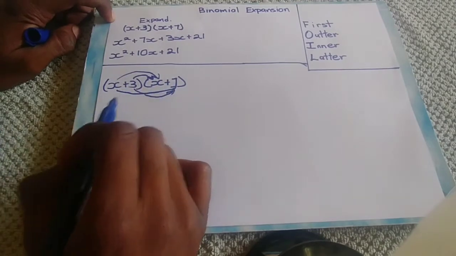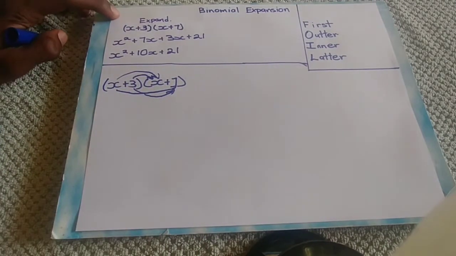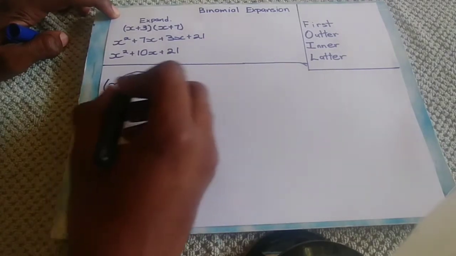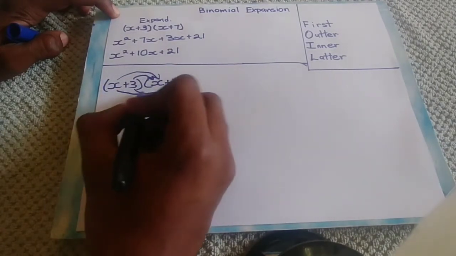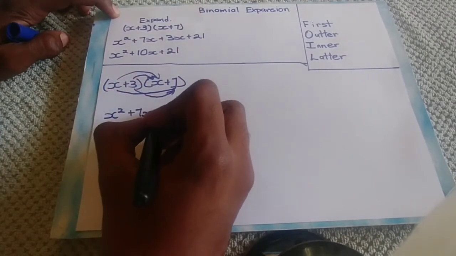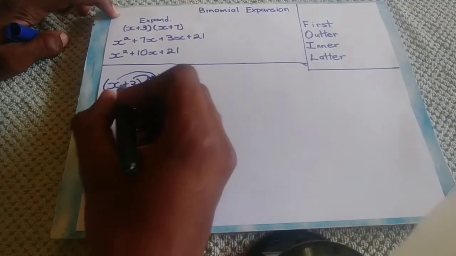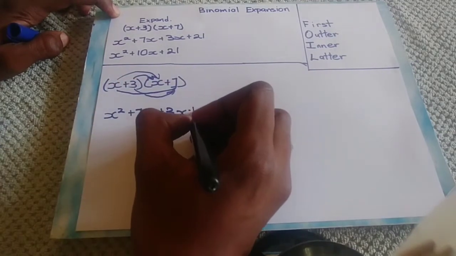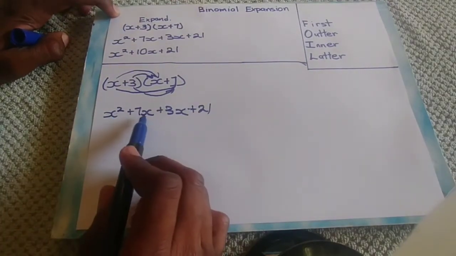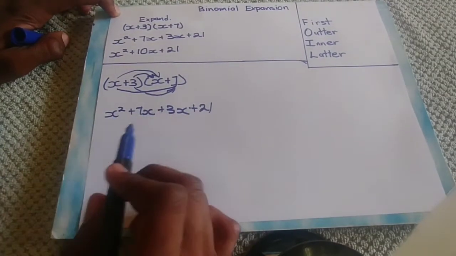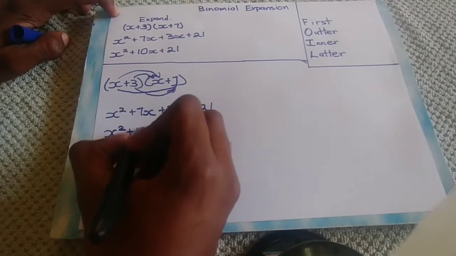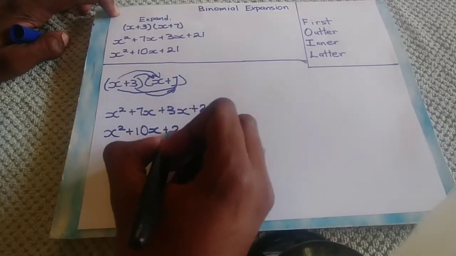So when you do x times x, we get x squared. x times 7 is 7x. 3 times x is 3x, and 3 times 7 is 21. Simplify this: our like terms, 7x and 3x, when you add them we get 10x. So that's x squared plus 10x plus 21.